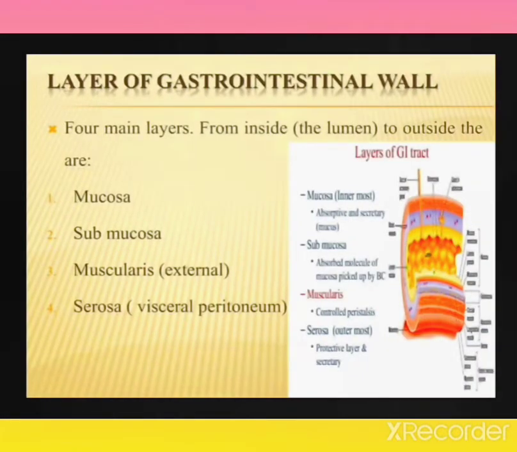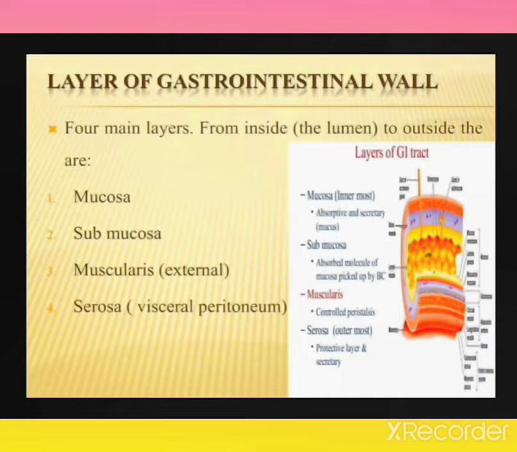Now let us look into the details of the layers which compose the gastrointestinal tract, the histology of the digestive tract. The gastrointestinal tract is made of 4 different layers that we study from inside to the outside.